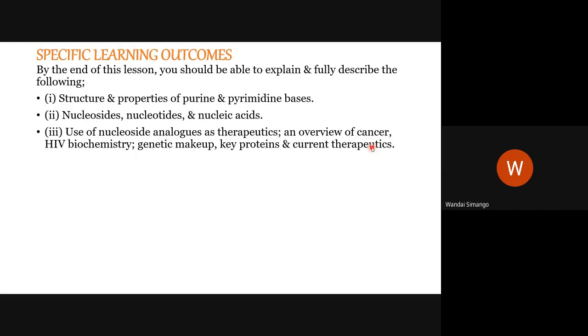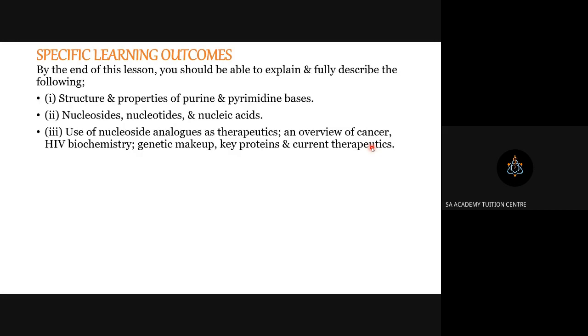The ribose sugar is found in RNA, while the deoxyribose sugar is found in DNA. Very good. So ribose, RNA, deoxyribose, DNA. We're going to see the structures soon, so don't worry about that.